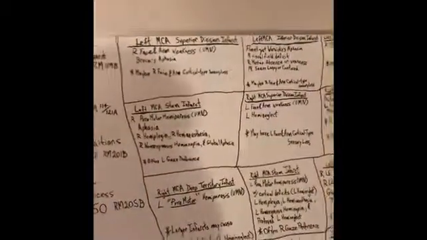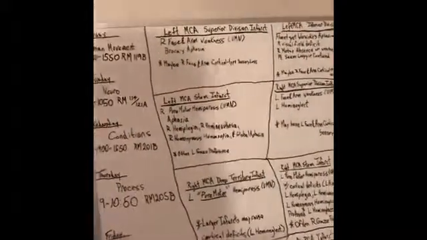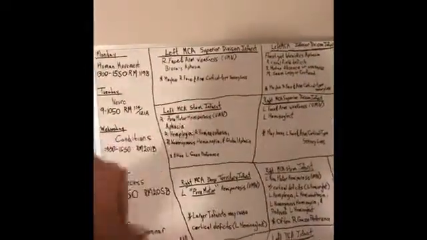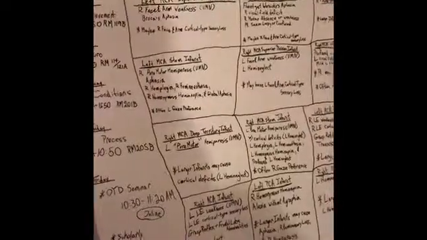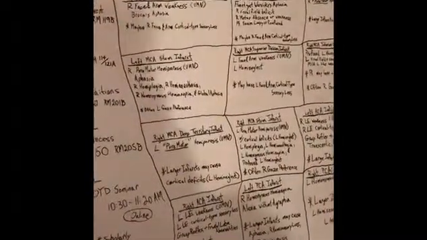All right, so the first thing we're going to talk about is the left MCA superior division infarct. Now, with that specific infarct, you're going to see right face and arm weakness. UMN means upper motor neuron. So with upper motor neuron deficits, you're going to see a lot of proximal weakness.